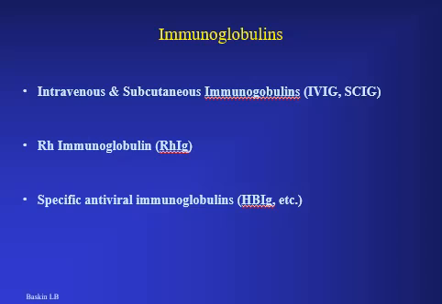Now, RHIG is commonly known as RIG or ROGAM. It specifically binds the RHD antigen on red cells when it's infused into RHD negative recipients, and this is to prevent alloimmunization and hemolytic disease of the newborn.